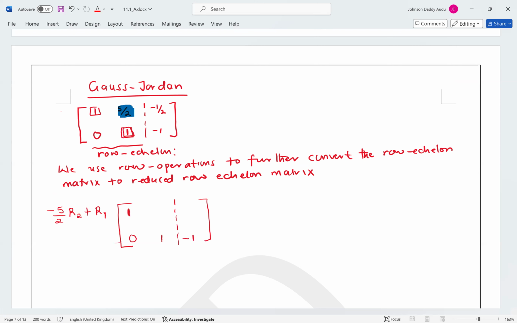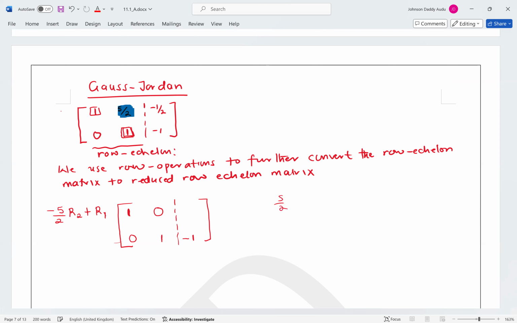Minus 5/2 times 1 is going to be minus 5/2, right? Then plus R1. R1 is 5/2. So here will become 0. Minus 5/2 times the last entry of R2, which is minus 1, will just become 5/2 plus half.